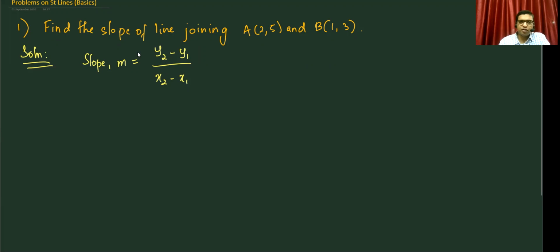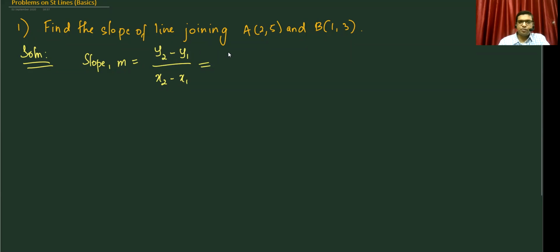That is also okay, because you multiply numerator with a negative and denominator with a negative, so the ratio remains the same. So just remember the order. Numerator is the y coordinates difference, denominator is the x coordinates difference. The order should be the same. Either it is y1 minus y2 by x1 minus x2, or y2 minus y1 by x2 minus x1. Don't change the order. That's all.